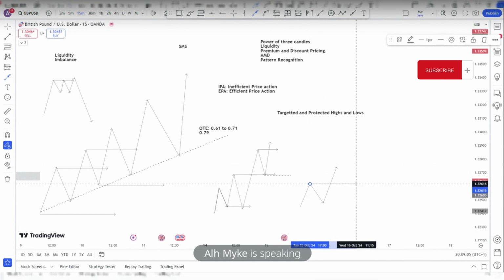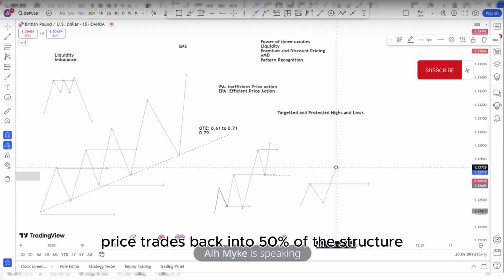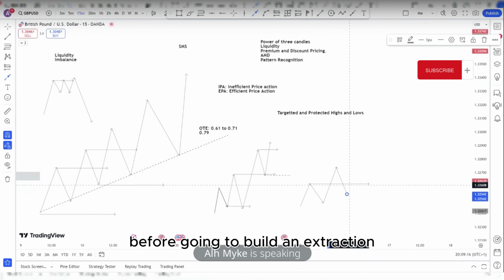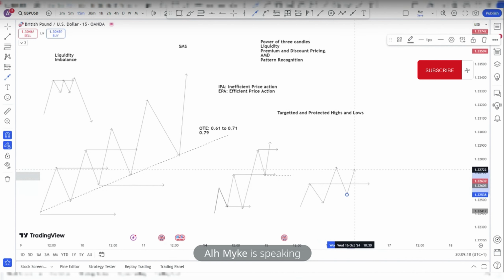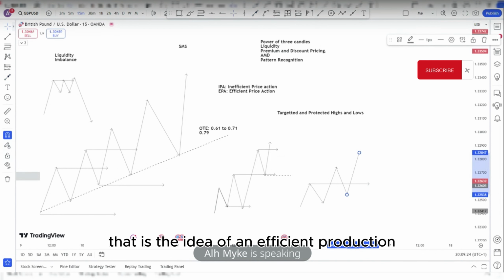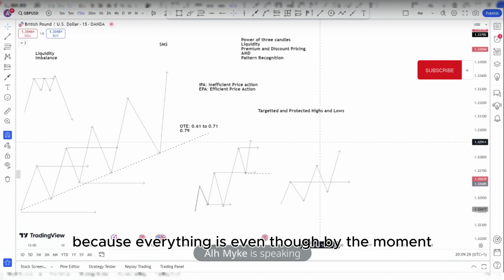The idea behind an efficient market is price trades back into 50% of the structure before it returns to break the next structure. That is the idea of an efficient price action, because everything is evened out at that moment.